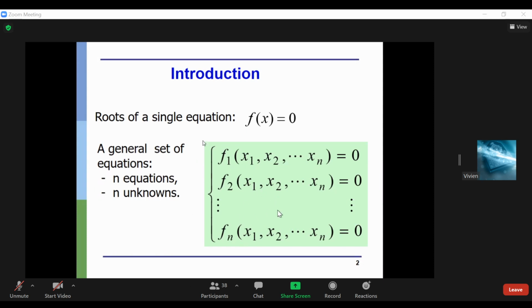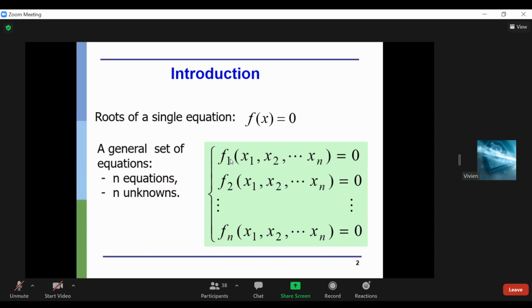If we talk about roots of equations, we find the value of the function equal to 0. Now we don't talk about roots of equations anymore, but we are going to talk about solving a set of linear equations in which we have n equations to solve for n unknowns.